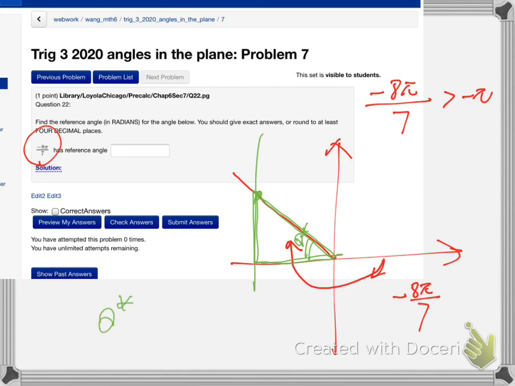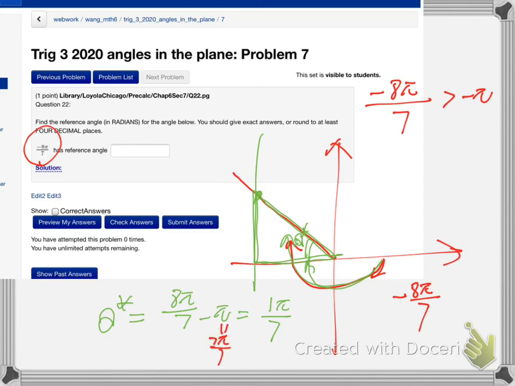Based on the picture, it's the whole rotation minus negative pi, so it's the part bigger than pi. It's 8 pi over 7 minus pi, which is 1 pi over 7, because pi is 7 pi over 7. So we got 8 minus 1.